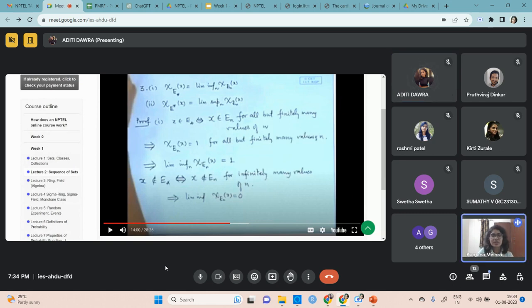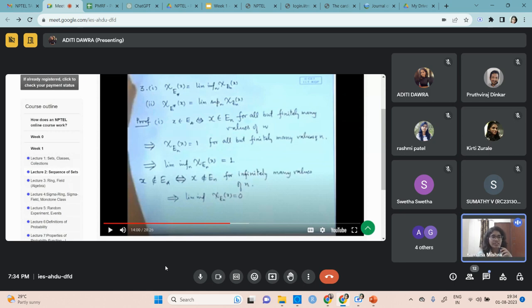Okay, so here you can see that X belongs to En. What it means is that this is for all but finitely many values of n, which means for finite values of n, this X belongs to En. Now, if X belongs to one set, its indicator function will be 1 for that set, right? And if X does not belong to this En, then its indicator function will be 0.